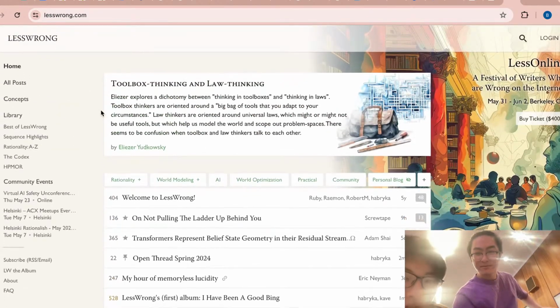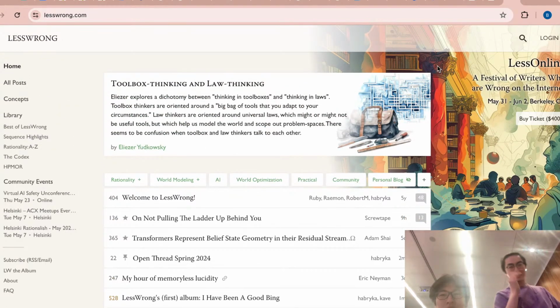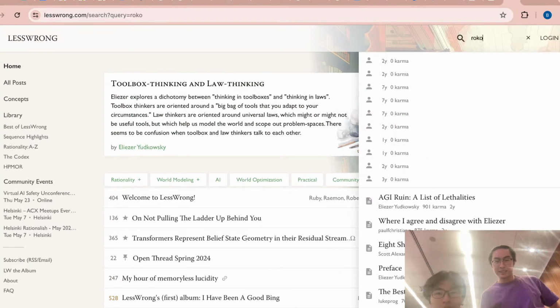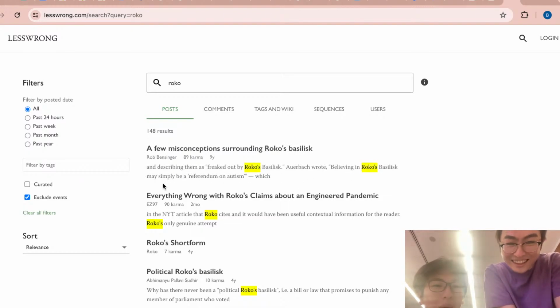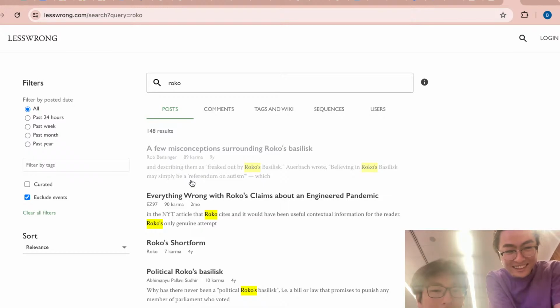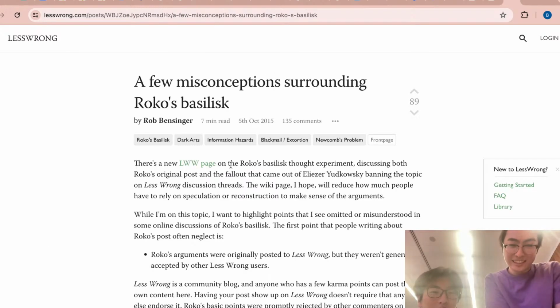What is this? Search up Roko. Uh-oh. Believing in Roko's basilisk may be simply a referendum on autism. What does that mean? I don't know.